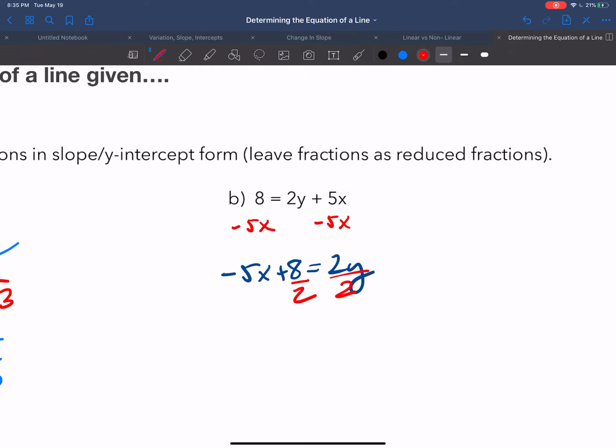And remember, we're dividing everything by 2. So now we'll get negative 5 over 2x plus 4 is equal to y. So it doesn't matter that y is on the other side. I just need it by itself.